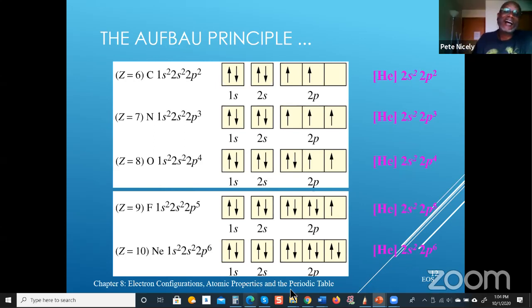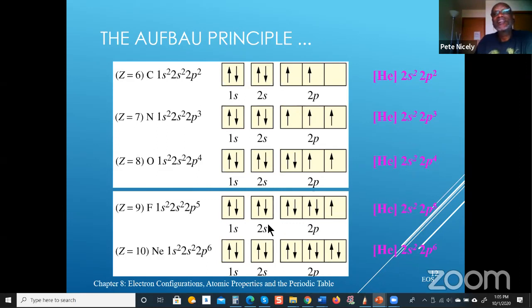But since you asked, basically for elements in the A group regions, right? So we're talking about elements from 1A, 2A, 3A, all the way to 7A. They tend to either lose electrons or gain electrons in order to obtain a full outer shell, which is usually an octet with the exception of hydrogen, which would be a duet, right? So in the case of fluorine, fluorine needs only 1 electron in order to get a full octet.